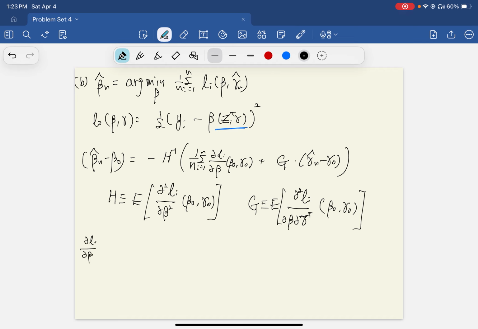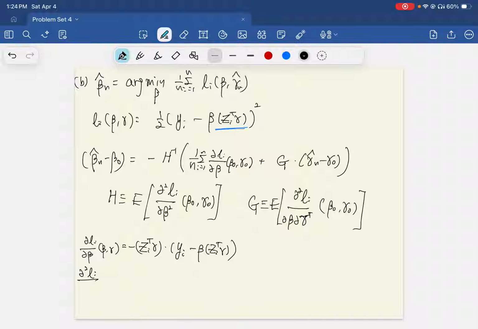Then let's do the simple math. Differentiate with respect to beta, and then you get minus zi transpose gamma times (yi minus beta zi transpose gamma). By the way, you have to put minus here. This is the first order derivative, right? And if you differentiate again with respect to beta, then you will get this simple (zi transpose gamma) squared, because x is scalar, so it is simple.